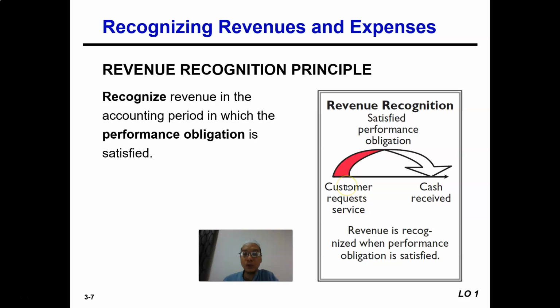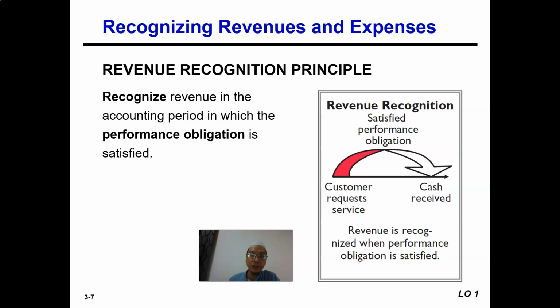The customer requests the service in January, we finish the service in February, so February is the time that we should recognize the revenue. Whereas we might receive the cash in March. That will lead to the need to do adjustments, which we will show in future videos.